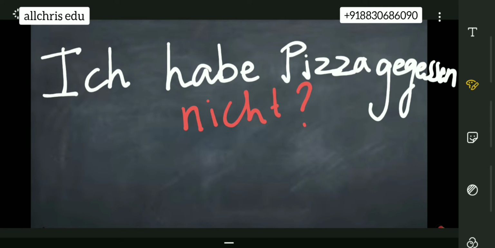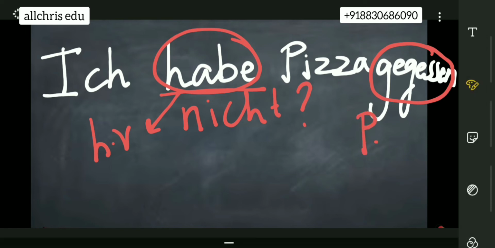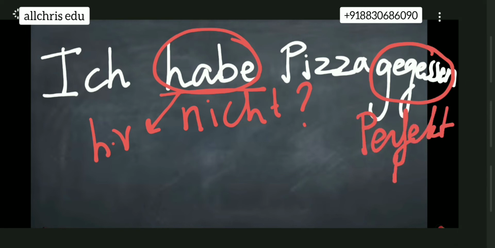Because here we cannot use nicht at the end before the full stop. We cannot use that rule because in this kind of sentence we have two kinds of verb forms. One verb form is in the second place, that's a helping verb, and the second form is called the perfect form of a verb.